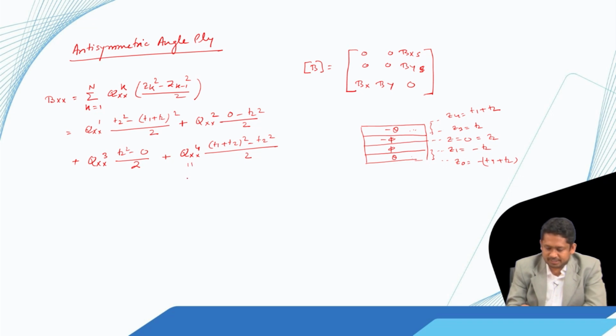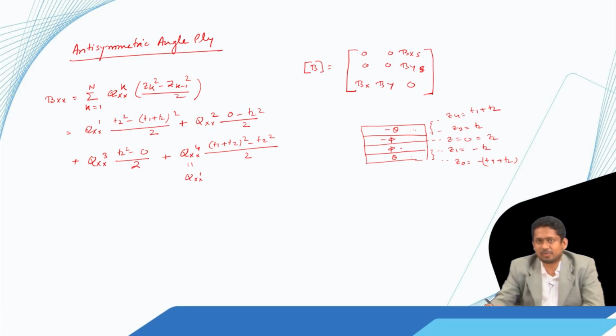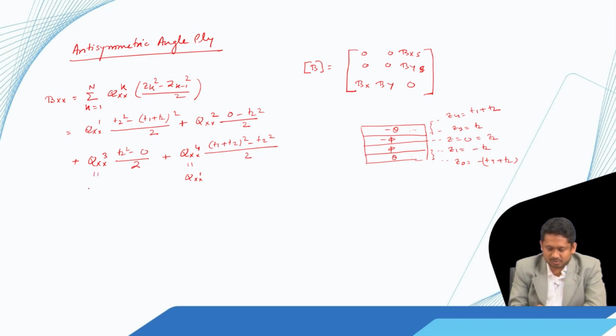Now, this quantity is equal to Qxx of 1, because even if the angle becomes opposite, the Qxx, Qyy, Qss and Qxy are the same, and similarly this quantity is Qxx of 2. Now, we can see that this term related to thickness and this term are opposite of each other.